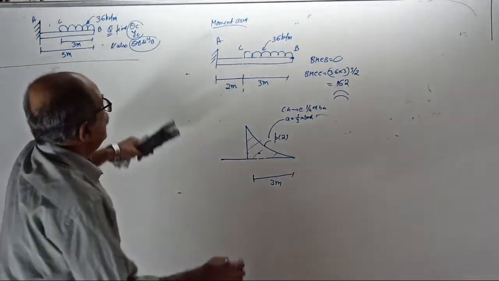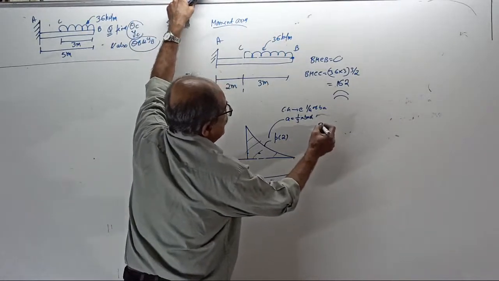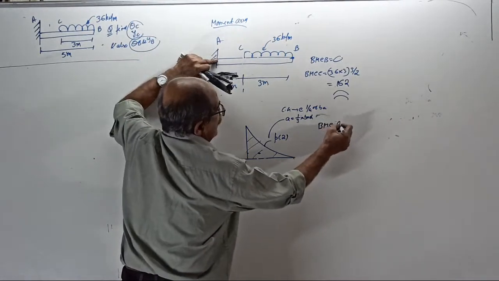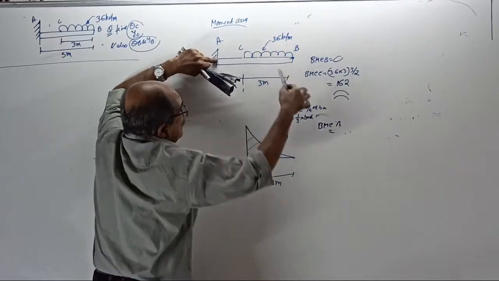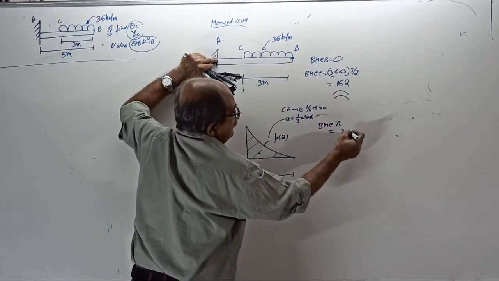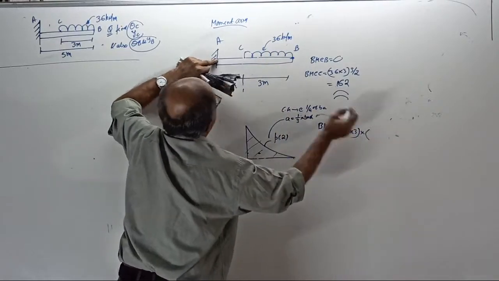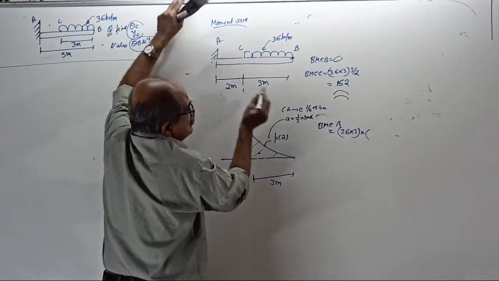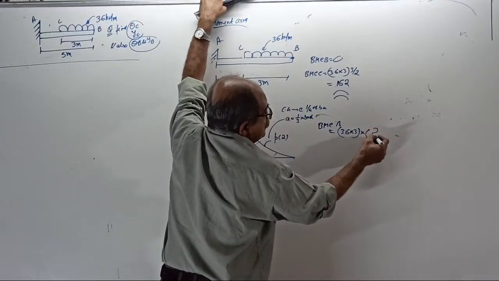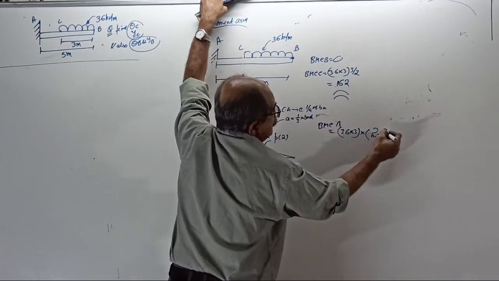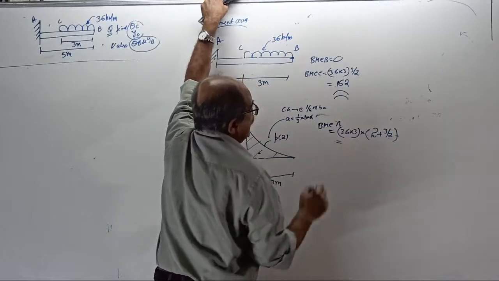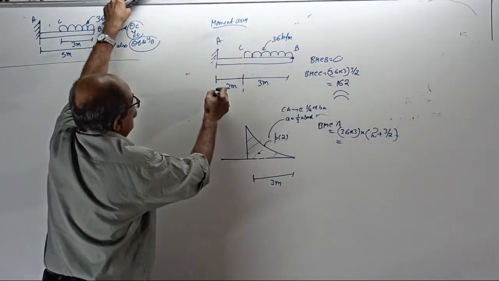Now you need the bending moment at A. The load is the same, 36 into 3, but into the distance: 2 meter outside plus another 3 by 2, half of 3. It will be a high value here.